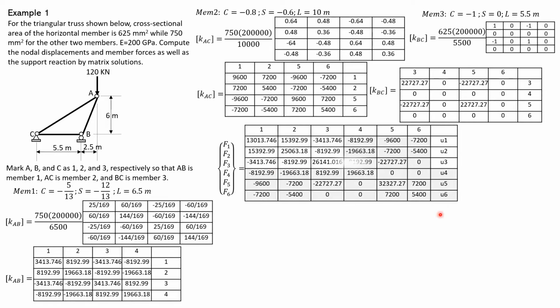So this is the 6 by 6, and I shaded the portion which we do not consider because U4, the vertical displacement at B, is 0. U5 is the horizontal displacement at C because this is a pin, is 0. Then U6 is the vertical displacement at C, which is also expected 0. So we only consider rows 1 to 3 and columns 1 to 3.